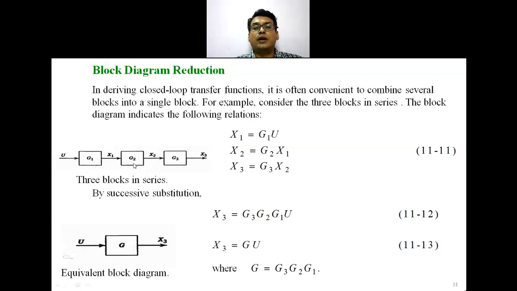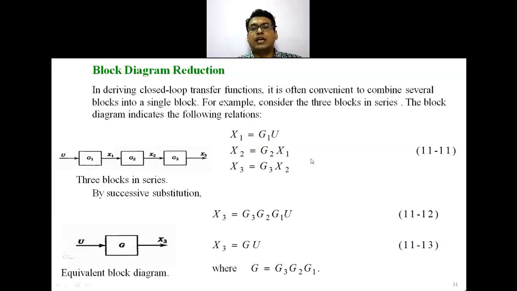G2 is the transfer function for the second unit, and the output from that is x2. G3 is the transfer function of the third unit, and the output from that is x3. So x1 is equal to G1 into u, x2 is equal to G2 into x1, x3 is equal to G3 into x2.